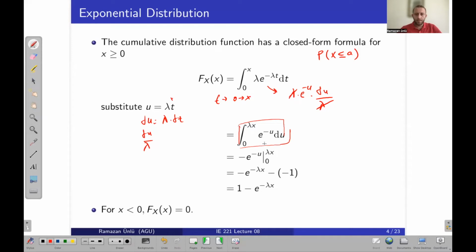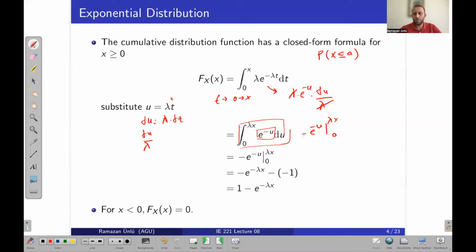Let's integrate this term. The integral of e to the minus u is minus e to the minus u, and the definite integral is evaluated between lambda x and 0. If I put these values in, that will be minus e to the minus lambda x minus minus 1.